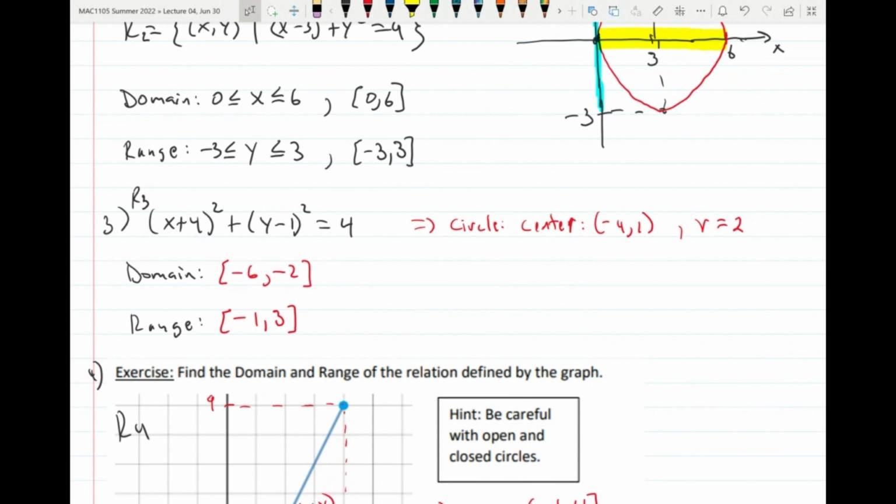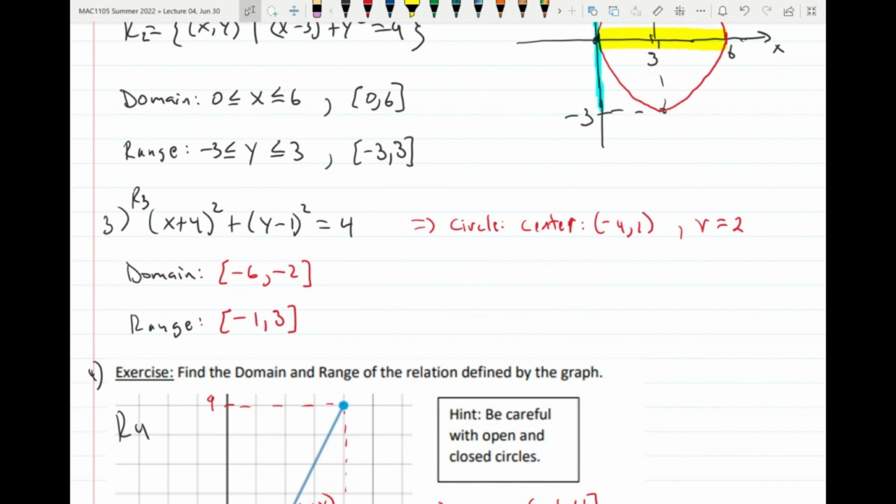For that one, it could be (-4, 3) and (-4, -1). So use the range. Remember those points, the top one and the bottom one, which correspond to the center, are the points on our range. Remember the y here is 1, so you go 2 units down, that's -1.